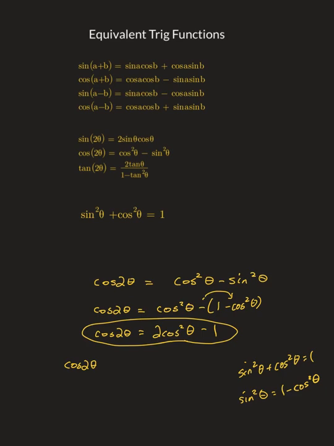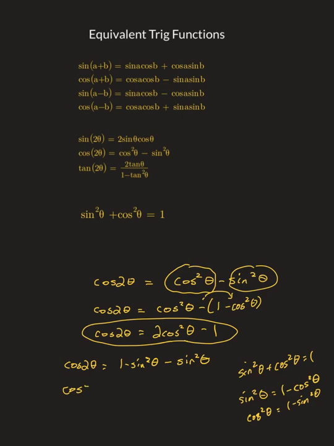Now, you could also write cos of 2 theta as equal to, now we're going to replace cos squared theta this time with 1 minus sine squared theta. Again, if cos squared plus sine squared add up to 1, then if you take either one of them away from 1, you'll get the other. So cos of 2 theta is equal to 1 minus sine squared theta, which is just your cos squared theta there, minus another sine squared theta.